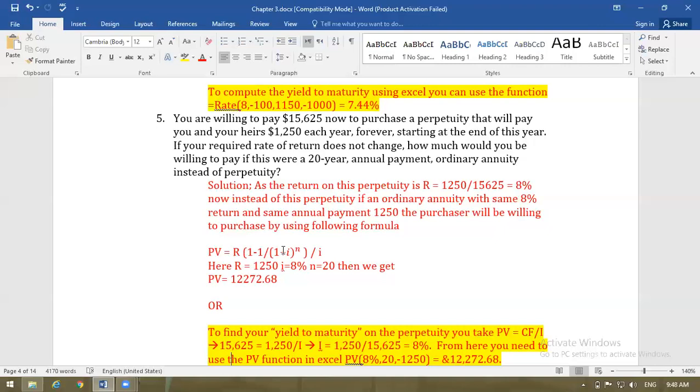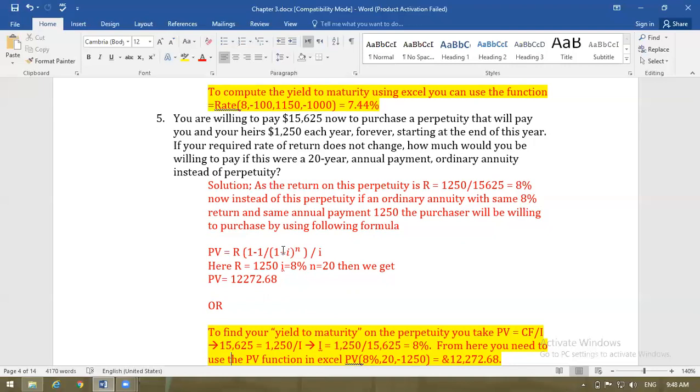Now instead of this perpetuity, if an ordinary annuity with the same 8% return and same annual payment of 1250, the purchaser will be willing to pay by using the following formula. This ordinary annuity formula is similar to the fixed payment loan.